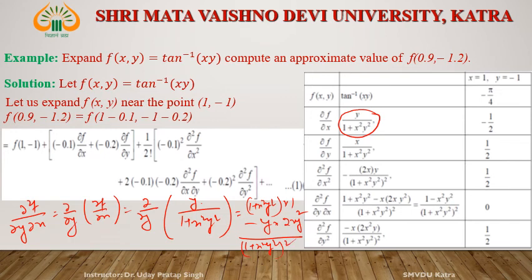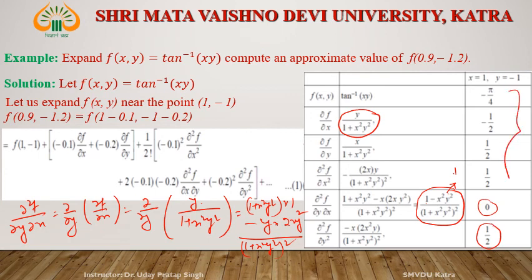And simplify this, you got this term, right? Now putting x is equal to 1 and y equal to minus 1, this term is 1, 1 minus 1 is 0, right? And denominator is positive, this is 0. Similarly, dou 2f by dou y2 is 1 by 2.